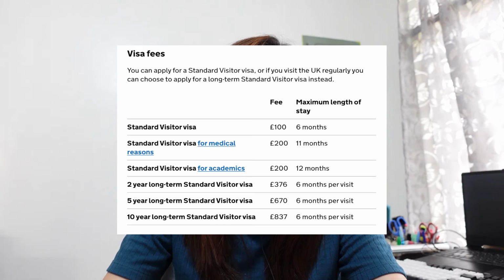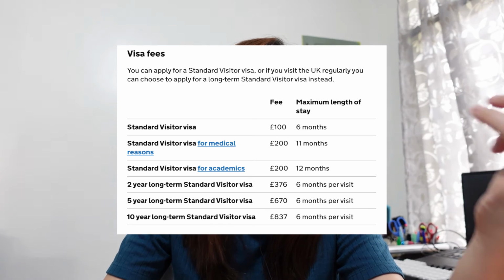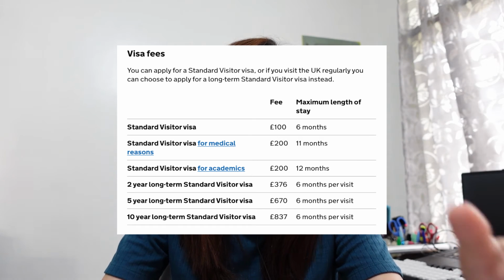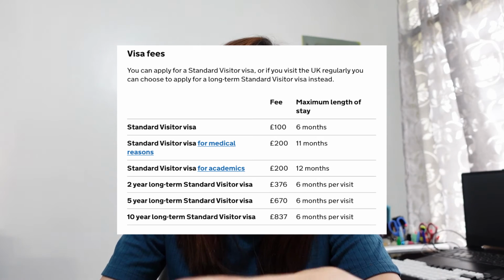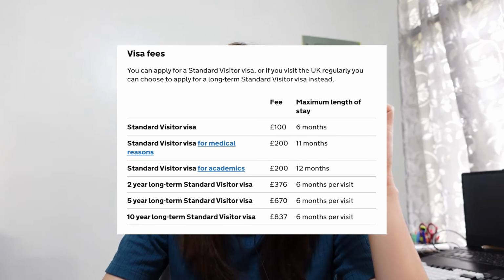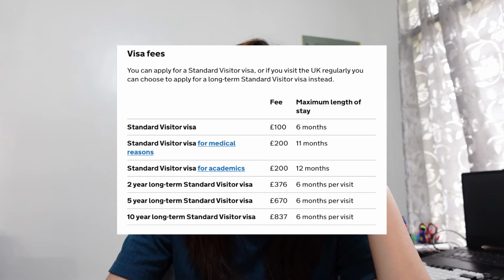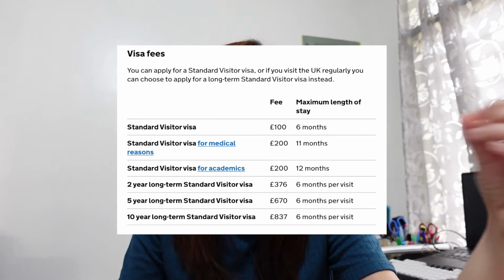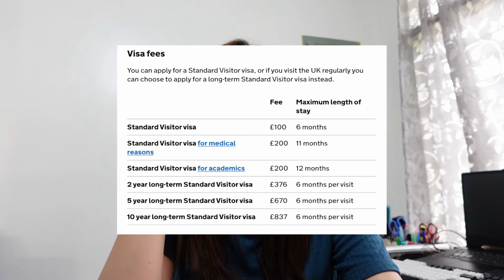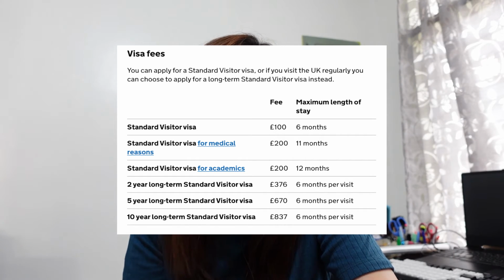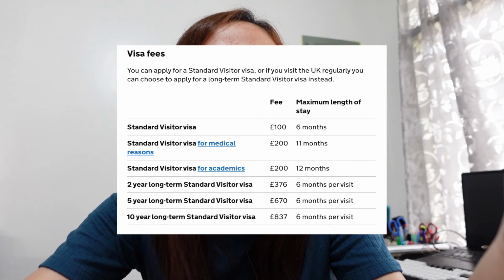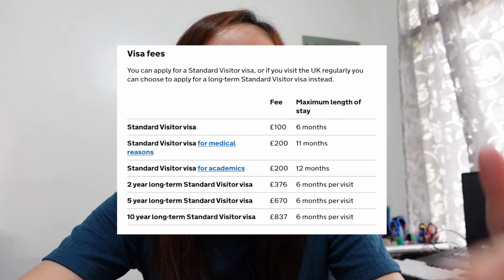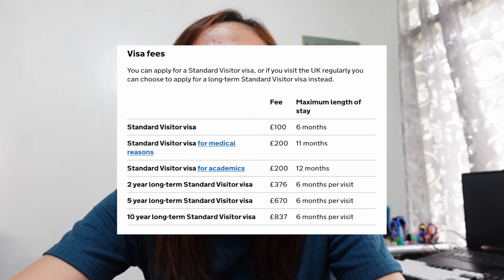For example, in my case, a standard visitor visa for a business trip costs only £100, and the maximum length of stay is 6 months. £100 is something like 6,000 plus, or just budget 7,000, depending on the exchange rate. For example, a standard visitor visa for medical reasons costs £200. These are the fees and maximum lengths of stay that you need to know.